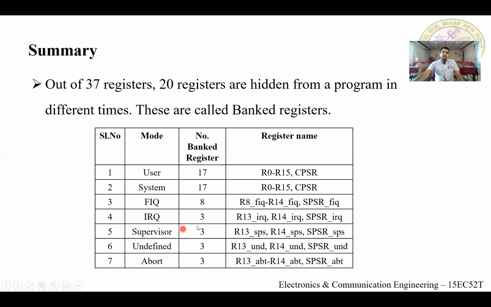In supervisor mode, we have only 3 registers, R13, R14 and SPSR. In undefined mode also, we have 3 banked registers, R13, R14 and SPSR. In abort mode, we again have 3 registers, R13, R14 and SPSR.